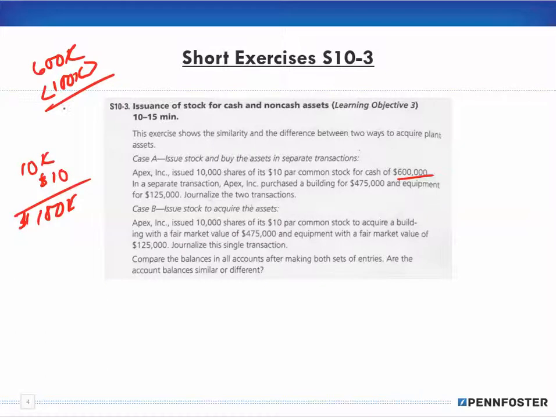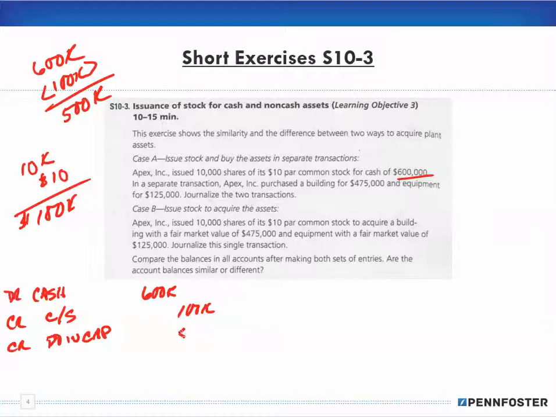So our paid in capital in excess of par is going to be 500,000, right? So the journal entry is going to be a debit to cash for the 600,000 because that's what we're receiving, right? We're going to credit our common stock for the 100,000, and we're going to credit the paid in capital for the 500,000.